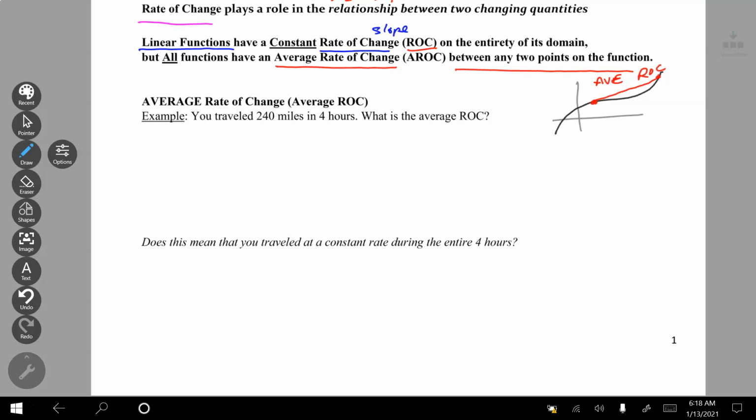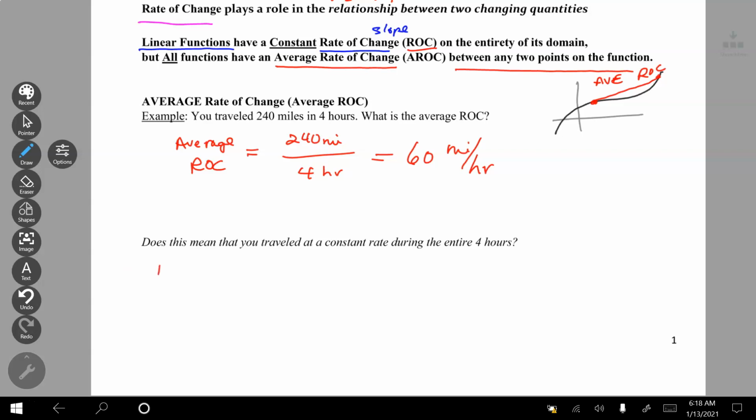Simple question. You do 240 miles in 4 hours. What's your average rate of change? Well, my average ROC is equal to 240 miles over 4 hours, or what we call 60 miles per hour. Does that mean you travel that the whole time?